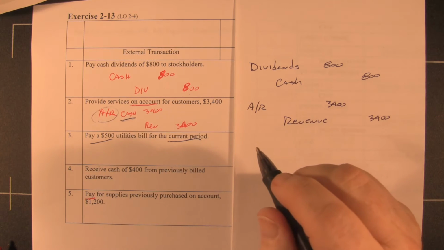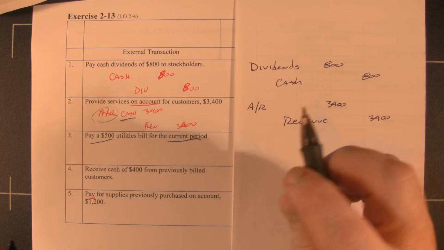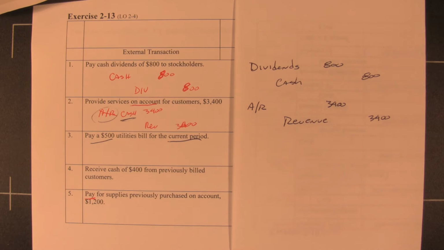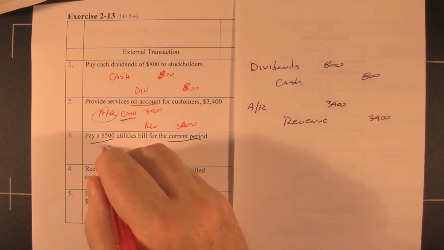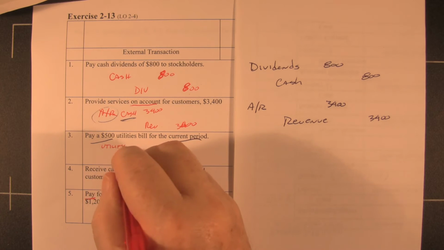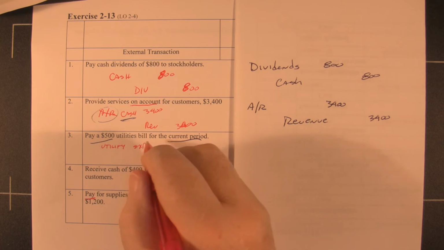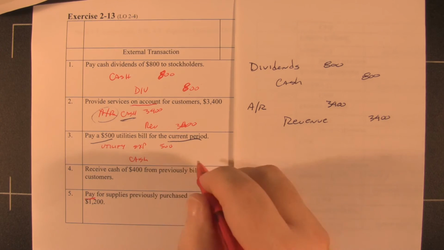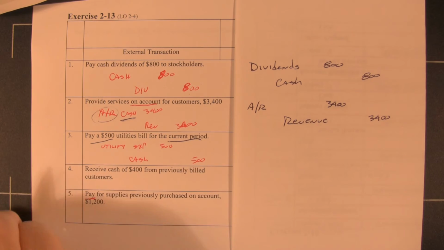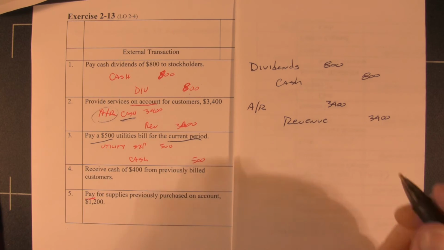Now on the next one, let's see, what did he do here? Utilities expense and cash. We paid a $500 utility bill, so he had utility expense, debit for $500, and cash, credit for $500. Good for him, he got that one right.